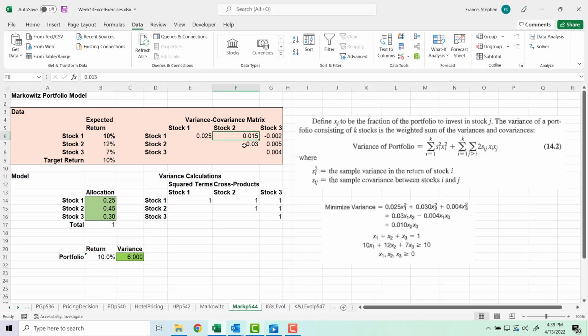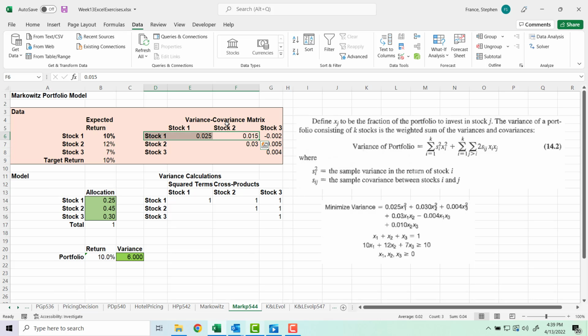If they both go up together and both go down together, then they have high covariance. If one goes up and the other goes down, with the opposite pattern, then they're going to have negative covariance. What this matrix gives is these diagonal entries, stock 1, stock 1, stock 2, stock 2, stock 3, stock 3, which give the variance, and the off diagonal entries give the covariance.